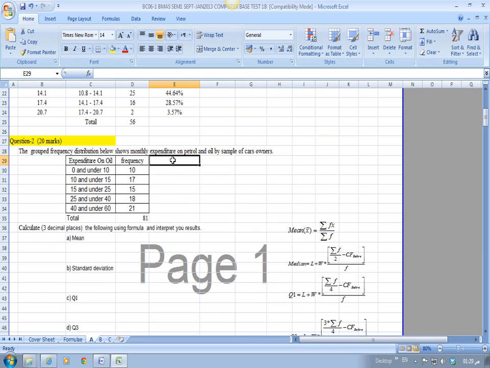So here we need to find the midpoints. X, calculation of midpoint. You can write x only, or you can write midpoint. It is right.